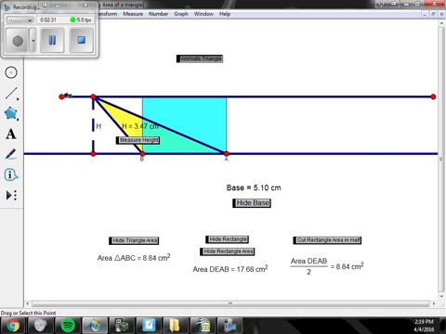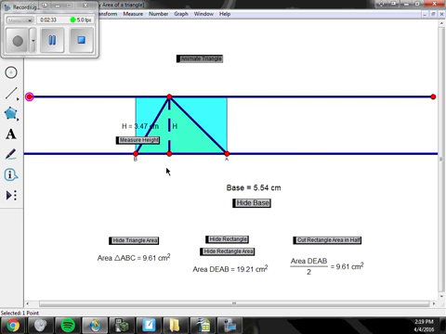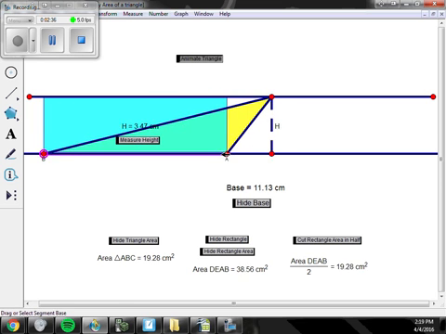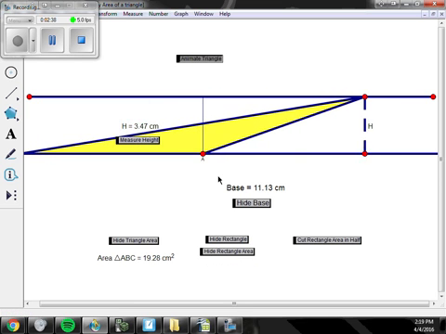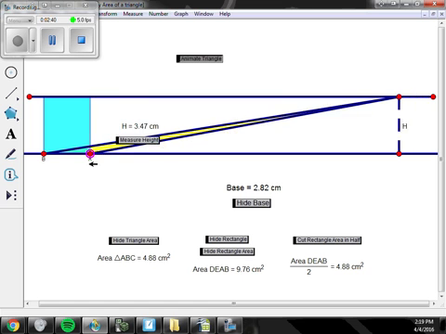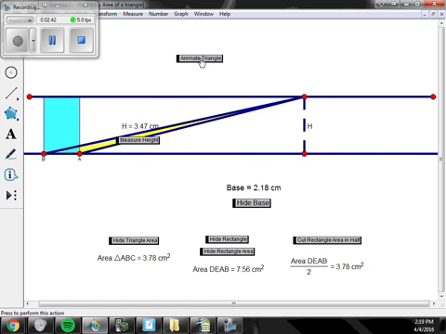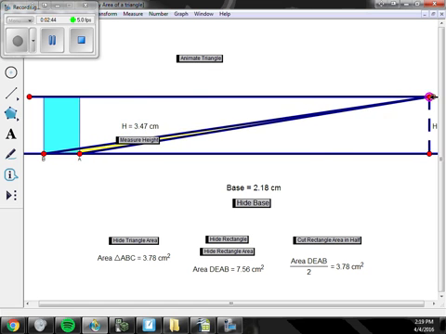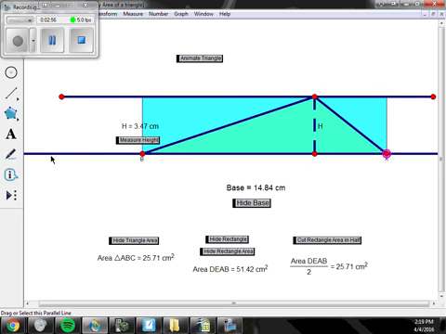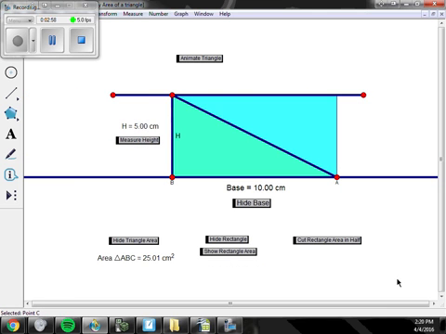Even if I move it way out and I create a super skinny triangle way out here, area is the same. Yeah, so what you can see of the yellow triangle is exactly half as big as that. I'm going back to the beginning so I can save it.